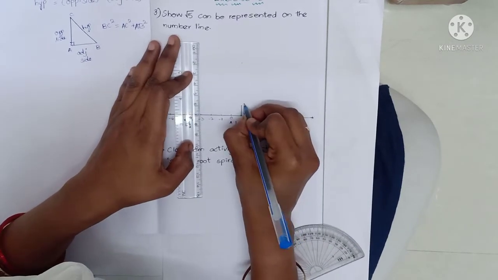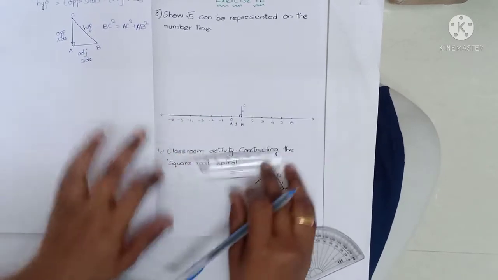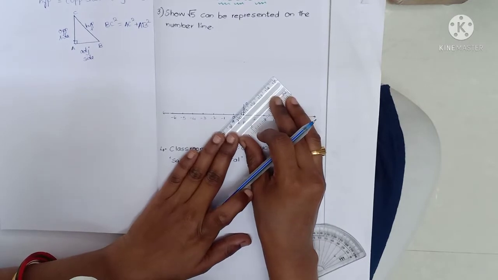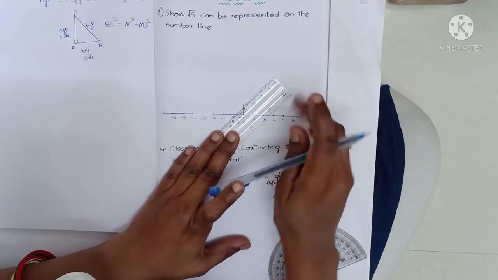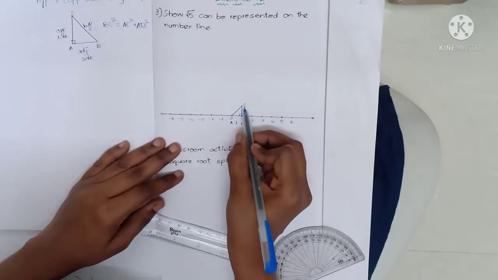Mark the point as C. Now BC is the perpendicular line of length 1 unit. Join points A and C.